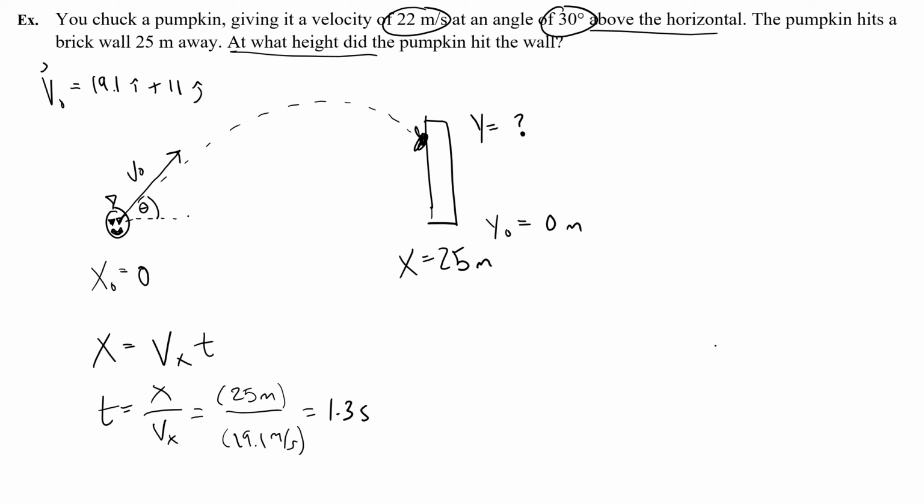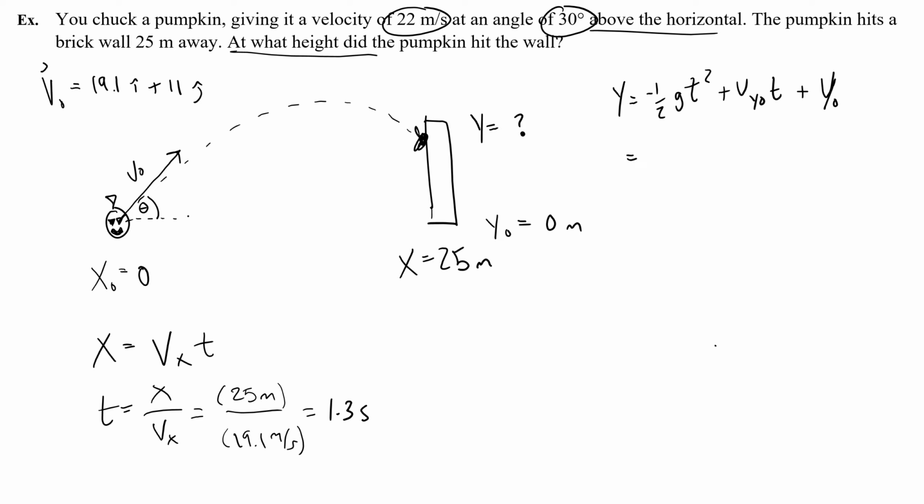That's useful because I can use that time and the initial y velocity to solve the equation we've been using for a lot of these problems, the vertical position equation. Finding the height is as simple as plugging in numbers.